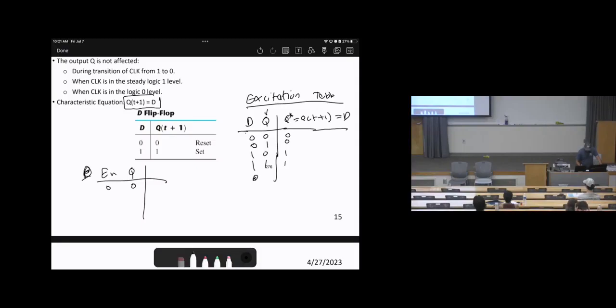I can write it with enable here. If enable is 0, then Q star equals Q. If enable equals 1, then Q of t equals D. Okay? Any questions?